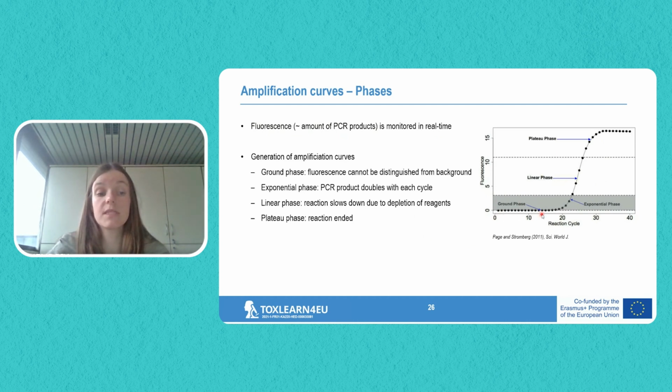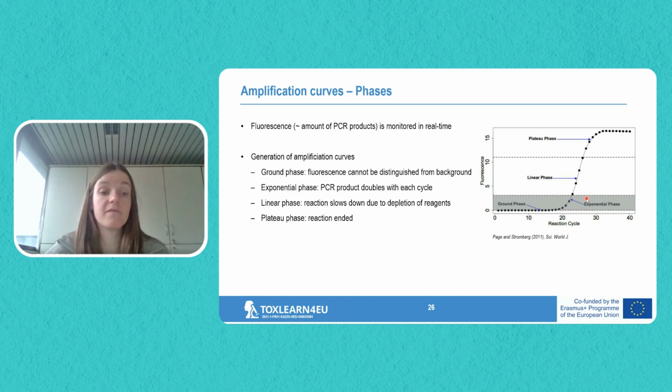So at this phase, the fluorescence is still very low, and the machine cannot distinguish it from background fluorescence levels. Then the next phase is the so-called exponential phase. And during this phase, the PCR product normally doubles with each cycle. So in each cycle of the PCR reaction, the amount of PCR product will double.